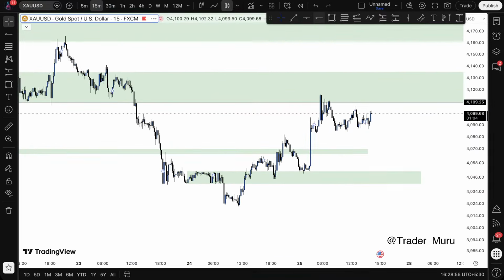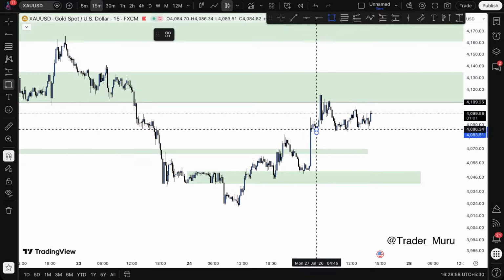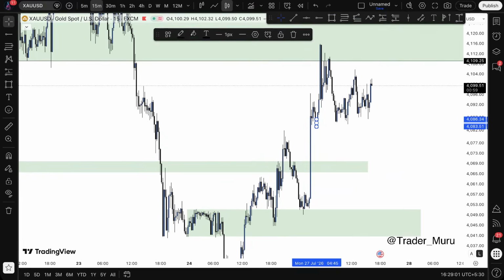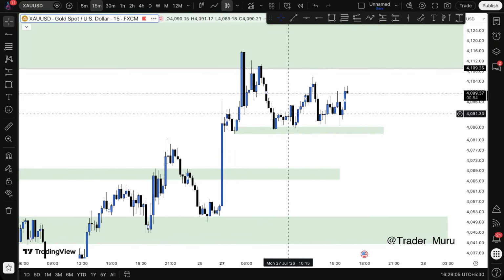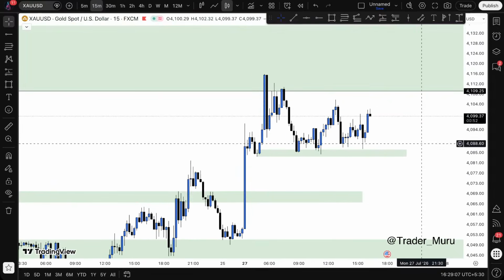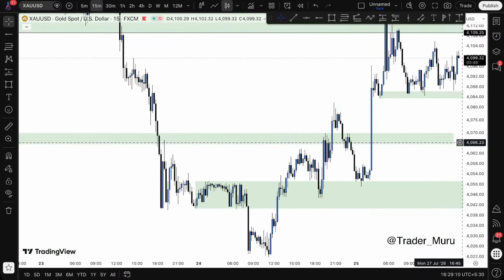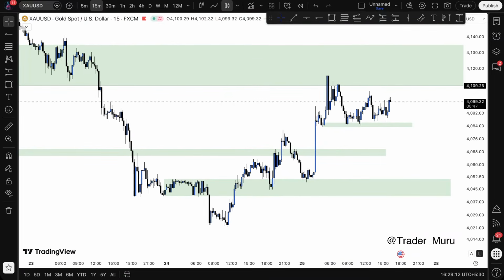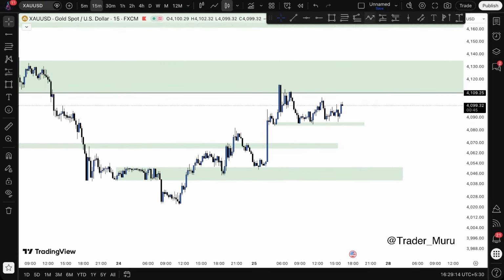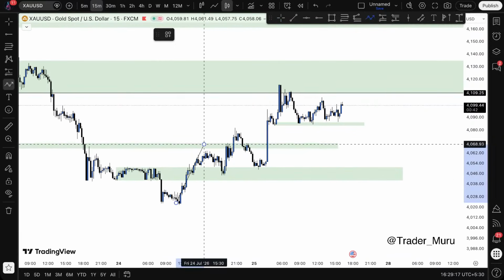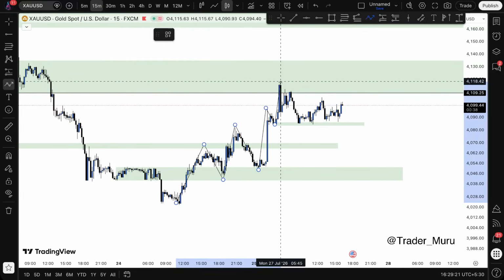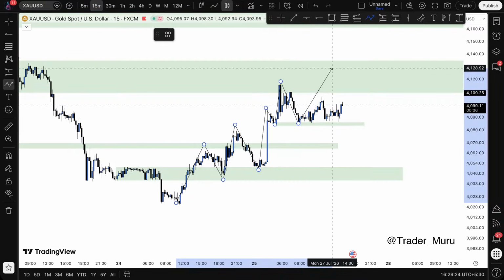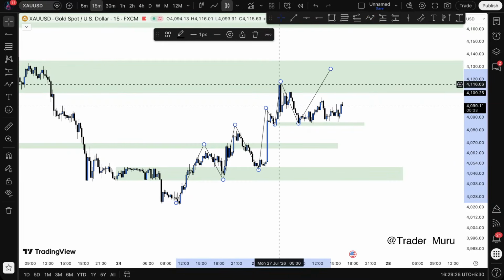Now price is continuously ranging on a smaller 15-minute demand area above this area here. Structure is still bullish, there is no doubt about it, and you can clearly see price is making higher highs, higher lows, again and again. So we can expect price to pump again and create a higher high above this high.